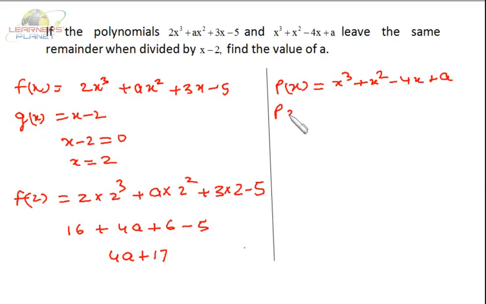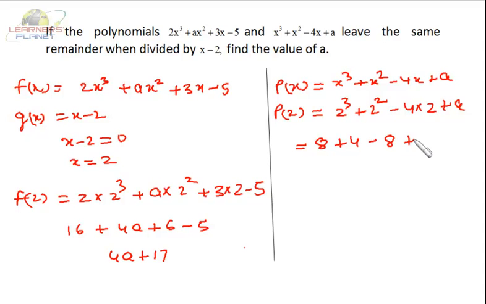Similarly, we calculate p(2). That is 2 cube plus 2 square minus 4 into 2 plus a. So it's 8 plus 4 minus 8 plus a. So it's a plus 4. Now according to the question, these two remainders are same. So let's equate them.